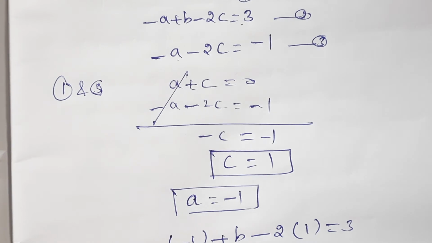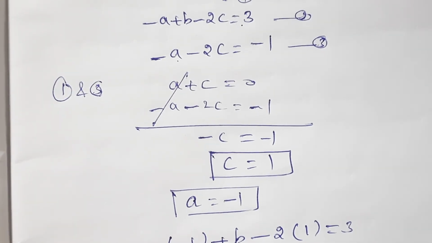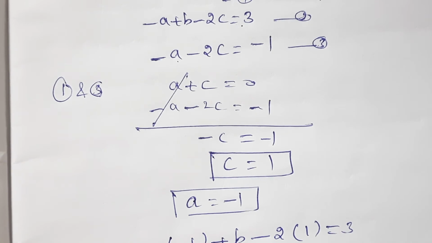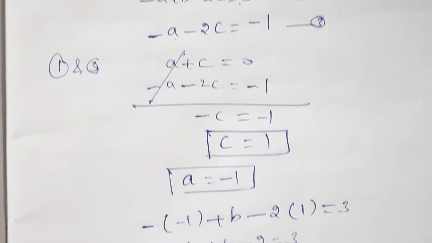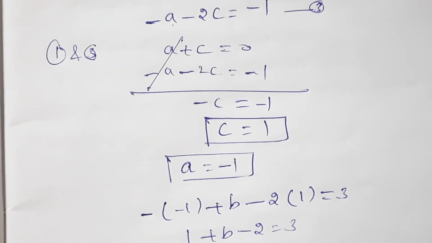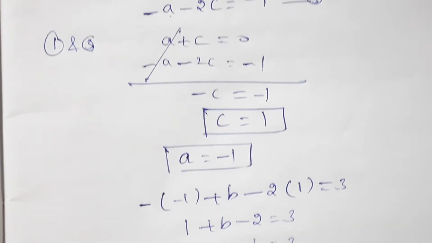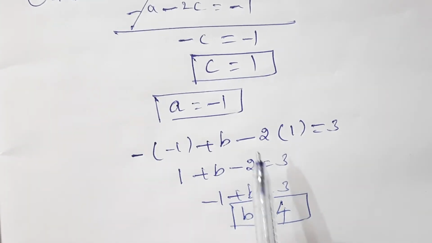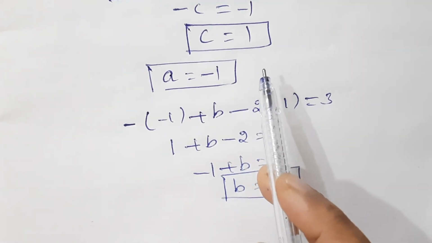So 1 plus B minus 2 is equal to 3. So B is equal to 3 plus 1, that is 4. So we got A is equal to minus 1, B is equal to 4 and C is equal to 1.